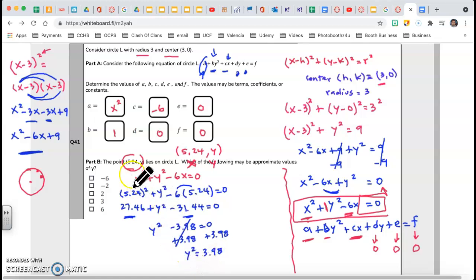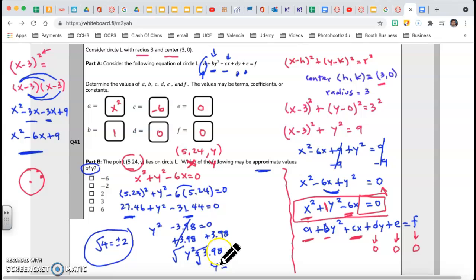But again, they're asking me for the value of y. Approximate the value of y. Therefore, what do I need to do? I need to use the calculator, square root. Y equals, remember, square root of 4 is plus or minus 2, right? Every time I do square root on both sides, I have a plus or minus. So 4 is plus or minus 2, but this is 3.98.